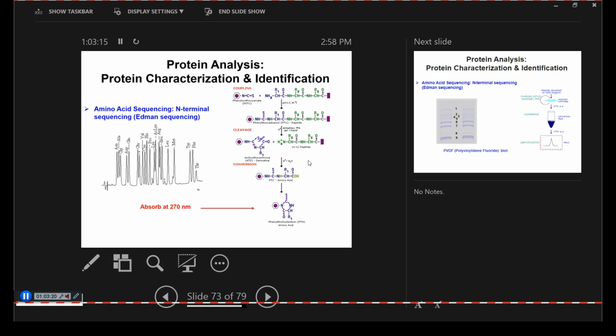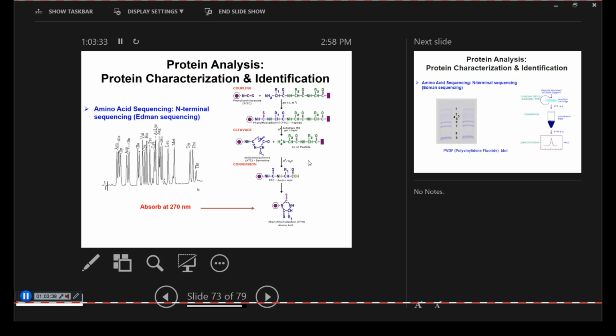If you have a mixture of proteins, then you won't be able to detect the correct sequence of your protein of interest.